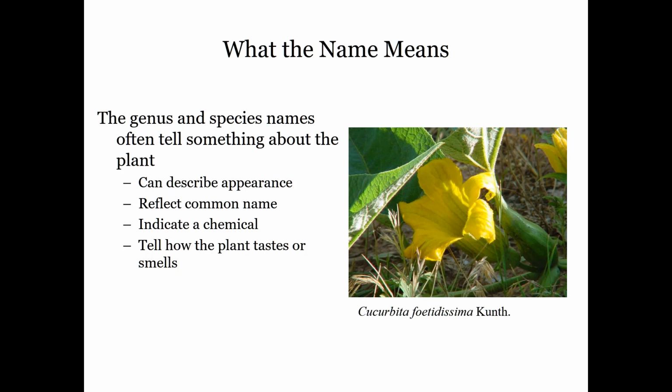So in this particular case, this cucumber, Cucurbita fetidissima, you can imagine that it doesn't smell very good, because it doesn't. Fetid means smelly or stinky. The scientific name may also tell you a little bit about how the plant grows, like is it viney, is it prostrate, meaning it lies down, etc.